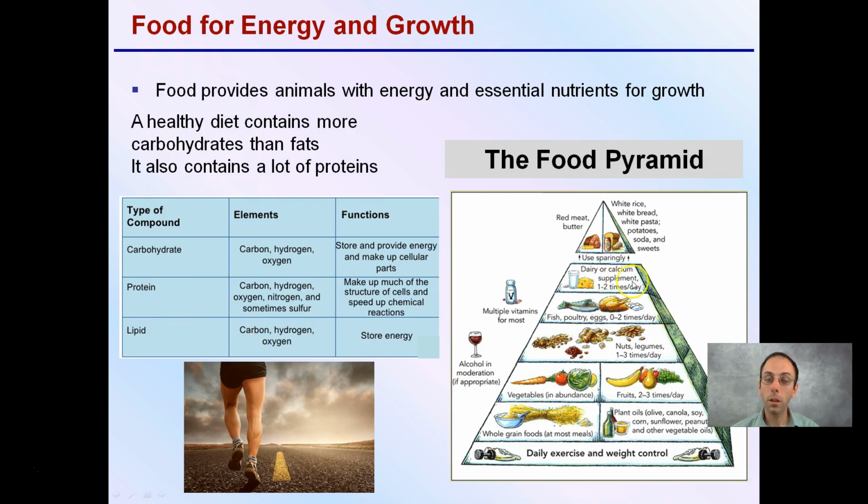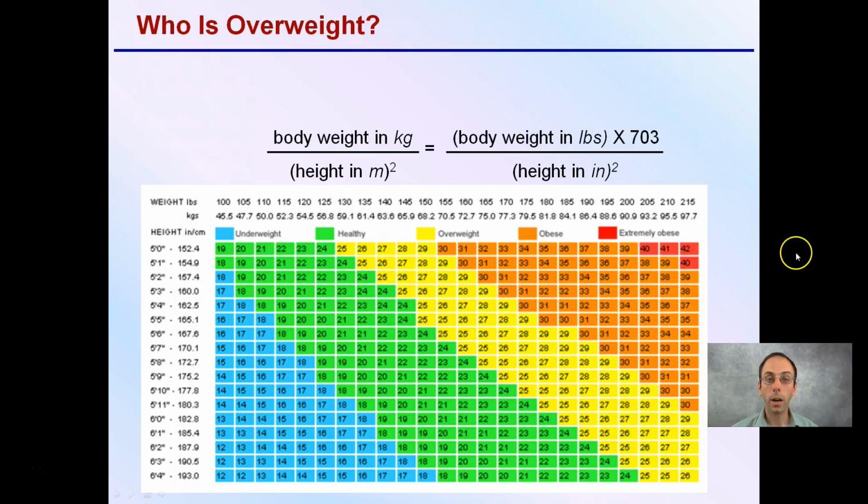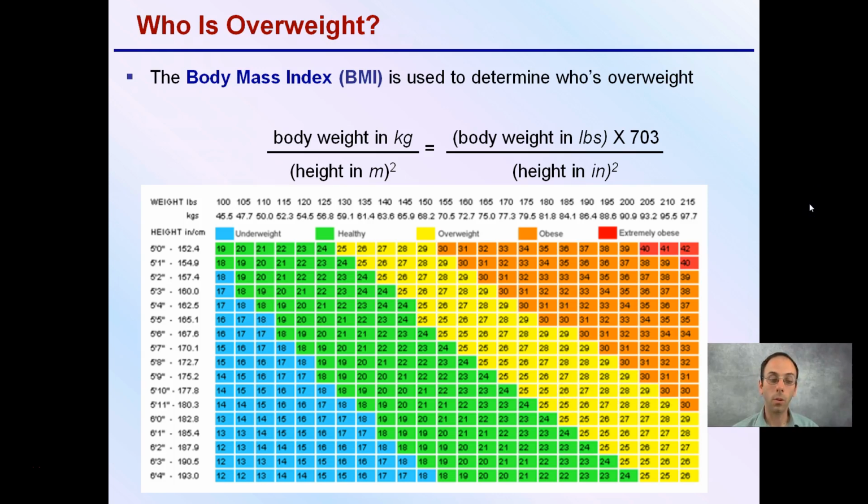Here's the food pyramid indicating items at the top we should be consuming less of, items at the bottom we should be consuming more of, but you can see the foundation is based in daily exercise and weight control for a healthy lifestyle. Continuing on, oftentimes we hear in the news about someone being obese or the obesity epidemic and the percentage of people being obese. Well, how is that determined?